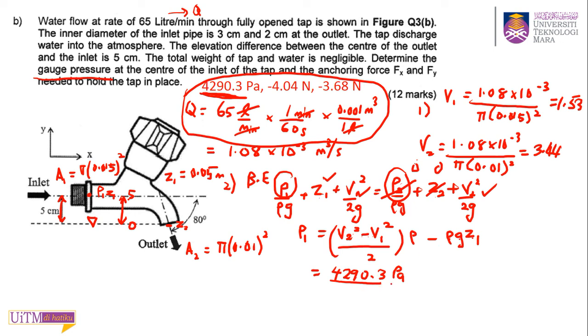Tak dapat ni dapat apa? 3.44 square tolak 1.53 square divide by 2 times 1000 minus 1000 darab 9.81. Dapat kurang sikit sir. Berapa awak dapat? Dapat 255.85. Dapat 255.